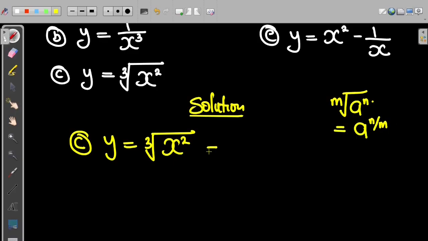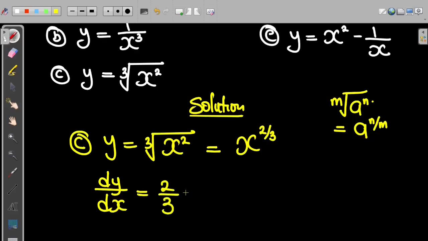If we apply this rule here, we have that this is x to the power of 2 divided by 3. If we differentiate the function, we have dy over dx will be equal to the index 2 divided by 3 multiplied by x to the power of 2 divided by 3 minus 1.